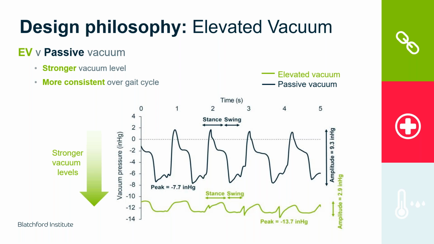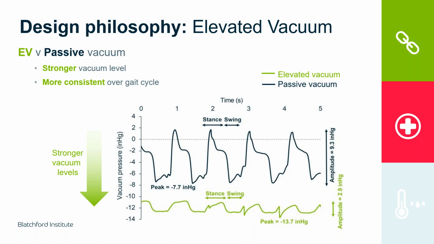The x-axis is time, so while the amputee is walking. In this case, we've got a snapshot of 5 seconds, so it's 5 seconds of amputee gait. And the y-axis is vacuum pressure in inches of mercury. So the main thing to take from the graph is that a more negative value means a stronger vacuum.